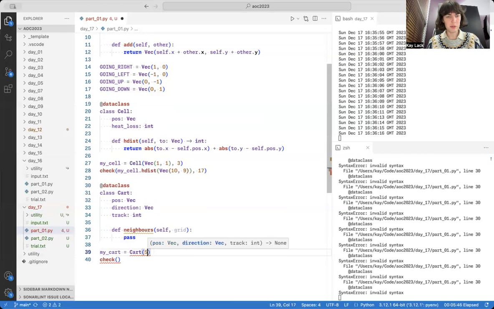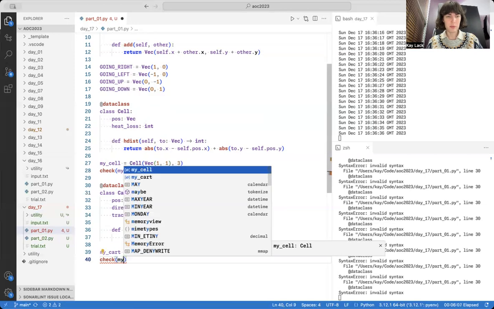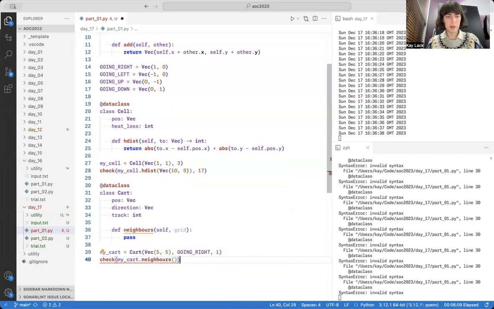Say we're at 5, 5, and the direction we're going is going right, and the track is 1, so we've just gone 1 across. Now the neighbors should be, it would be easier if we just made the vectors, I think.